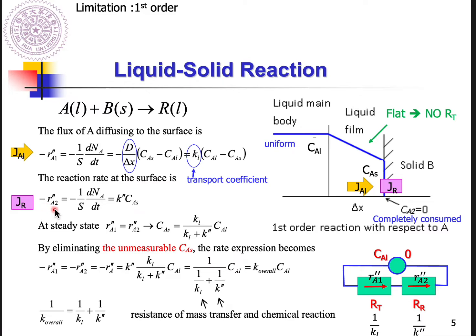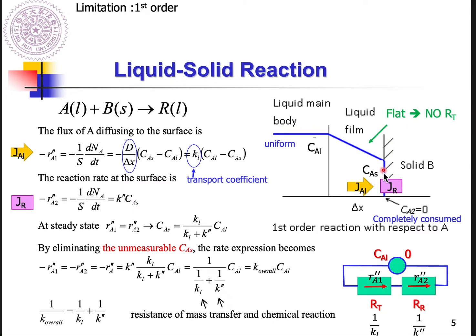express it as a consumption rate per interfacial area, because the reaction only happens at the interface of the liquid film and the solid. This is solid, so the molecule is not going to go out of the surface, right?